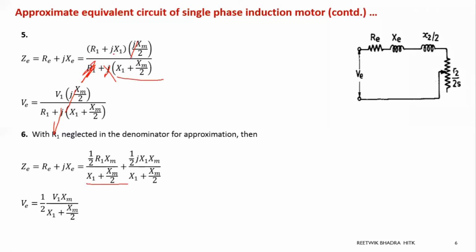What will be the j part? X1 into Xm by 2 divided by X1 plus Xm by 2. And for V, V1 into Xm by 2 by X1 plus Xm by 2. So these are the values of V and RE plus jXE.